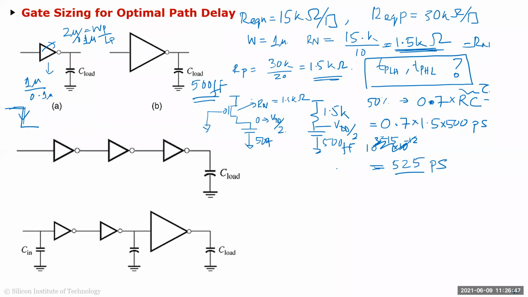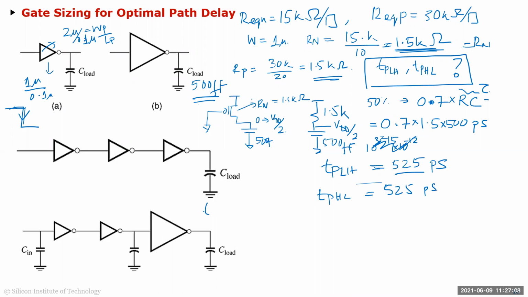I think you got the idea. So this is TPLH. Now, TPHL is the same because RP is also 1.5K. So your high to low, that is your NMOS pulling it low, is also going to be the same. So TPHL is also going to be 525 picosecond.